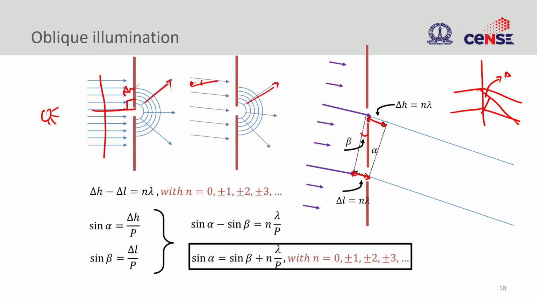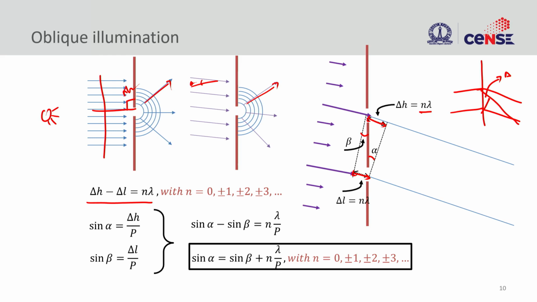So there is an incident angle and there is an exit angle. So there are two angles and two different optical paths, two additional optical paths that one needs to consider, and the condition for constructive interference now is delta H and delta L, and that should be on the order of wavelength, so n lambda.